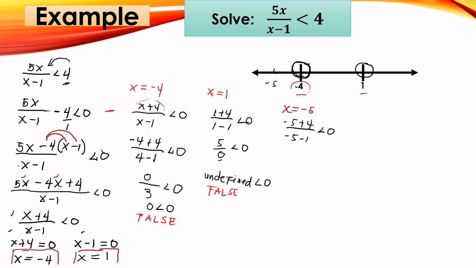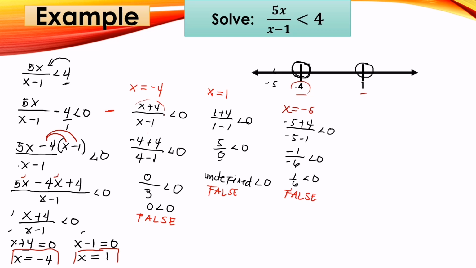So, negative 5 plus 4 is negative 1 over negative 6 is less than 0. So, negative divided by negative, the answer is positive 1 over 6 is less than 0. So, meaning this is a positive. Positive is less than 0 means false. Sabihin, from negative 4, less than negative 4, it is not also included.